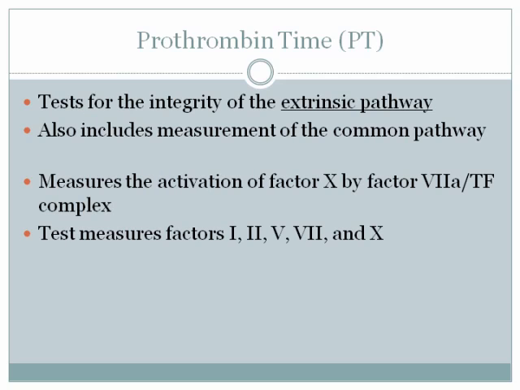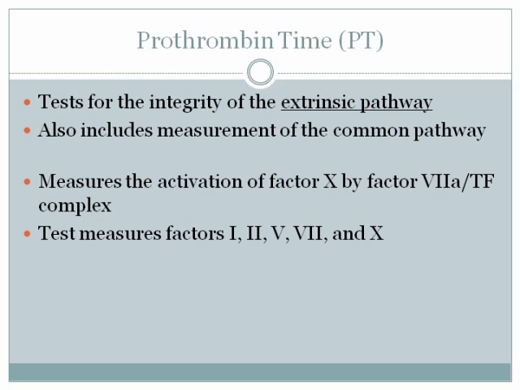It's probably the most common test ordered in the coag department, and it's called a PT, or what's known as a prothrombin time. You might also hear it just called a pro time. Our prothrombin time tests the extrinsic pathway, so it only tests those factors found in the extrinsic pathway.